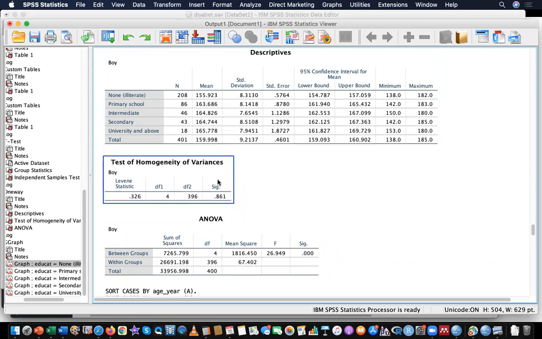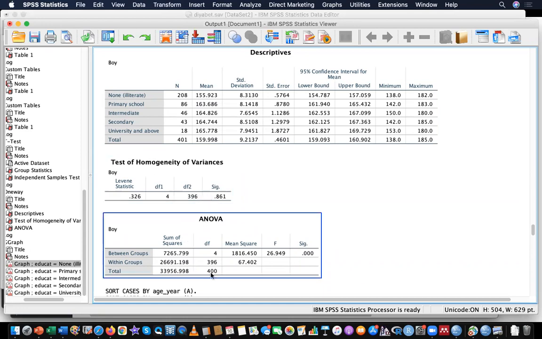So we meet the assumption, and we can continue to see the output of the ANOVA. The ANOVA calculates the F statistic. F statistic, you remember the theory of distributions, we had the F distribution.